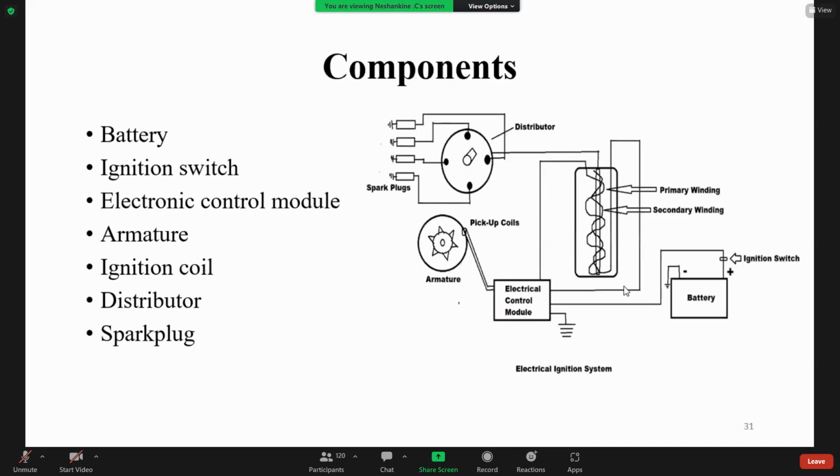Then these are the components of this electronic ignition system: spark plugs, distributor, primary and secondary winding, then battery. Here additionally, we use armatures and an electronic control module. We control this ignition system using electronics.